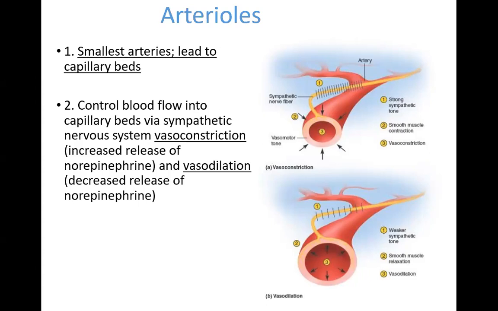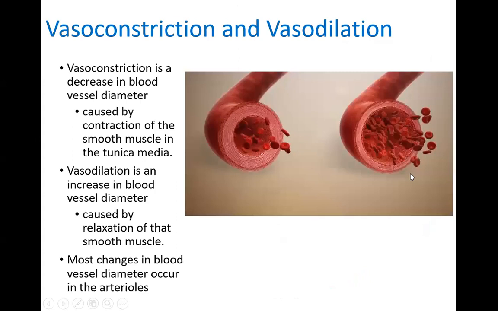And this is where most of this is taking place, in the arterioles, vasoconstriction, vasodilation. We get a little bit in the muscular arteries, but most of it in the arterioles. And it's all based on the presence of norepinephrine or the absence of it. And again, here's the same arteriole, vasoconstriction and vasodilation.